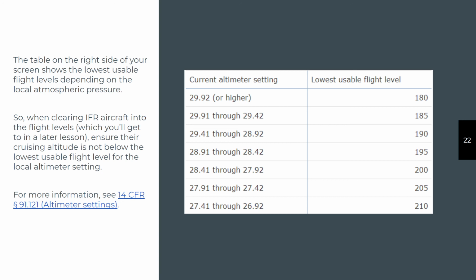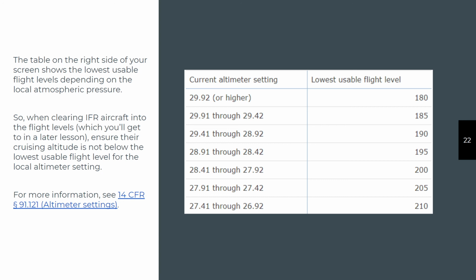Temperatures get very low. And when they do, a VFR pilot could potentially be flying above flight level 180. Therefore, the folks flying IFR or using a transition altitude have to know that the transition altitude is still 180, but they cannot fly below a certain flight level. So during a hurricane, if the altimeter is 29.45 over here, let's say, did I say that right?